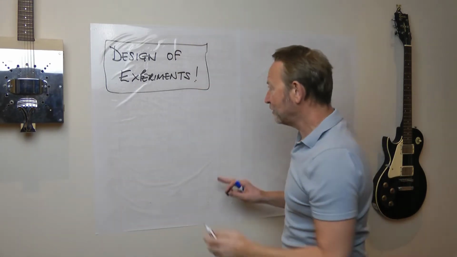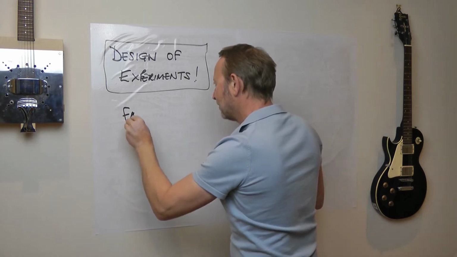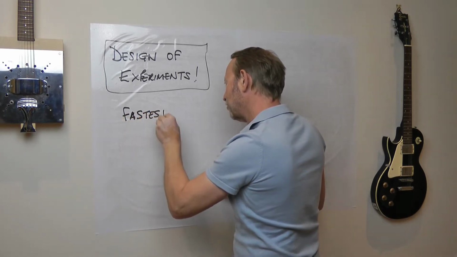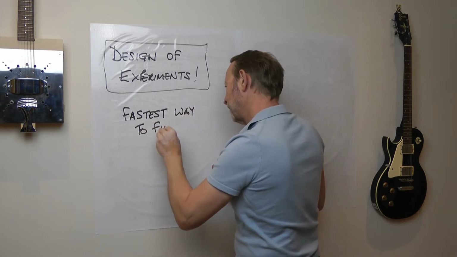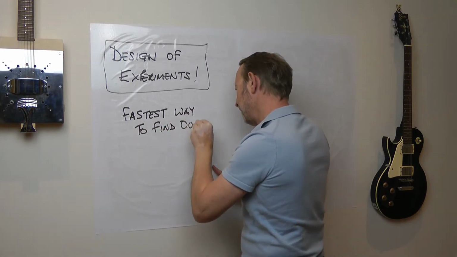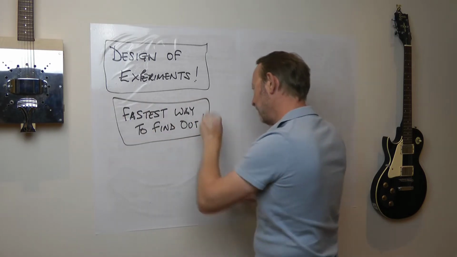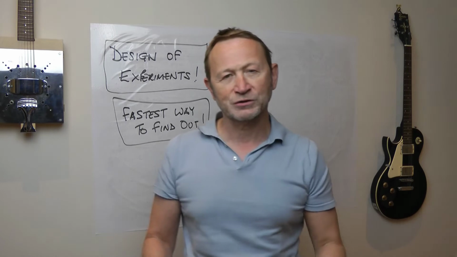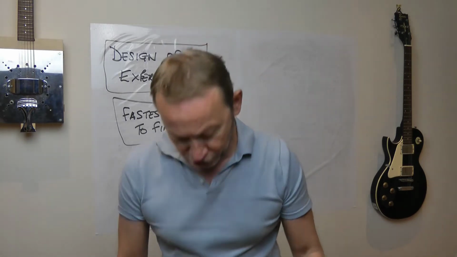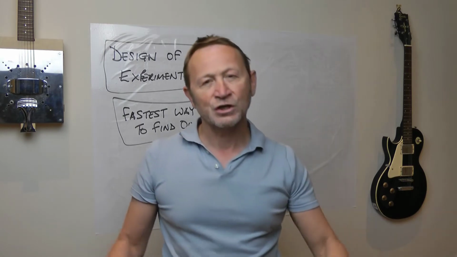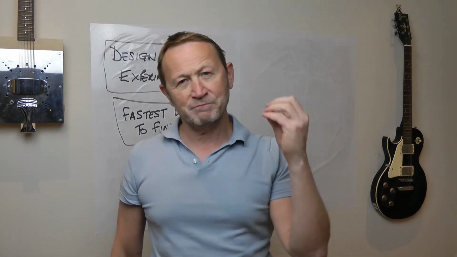Essentially, another name for this is the fastest way to find out. Now, folks, for moulders, every time you get a new tool, a new product, a new machine, you have to go and find the best settings, and this is what I'm talking about now.